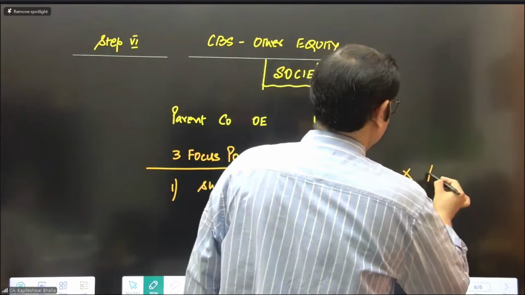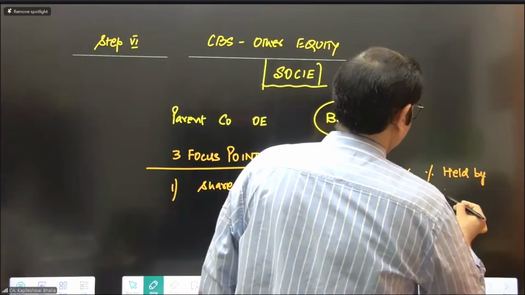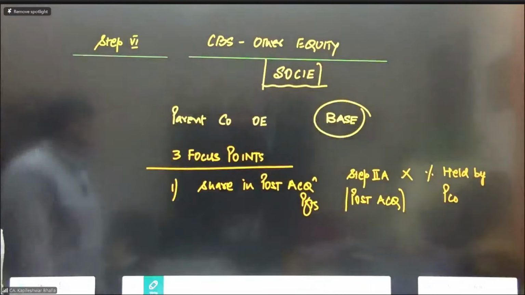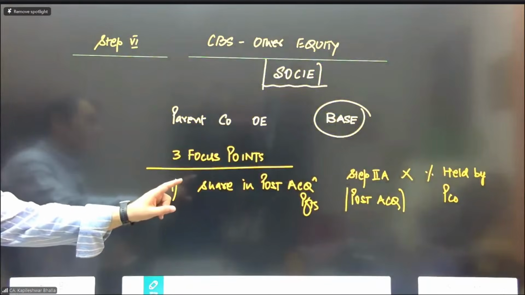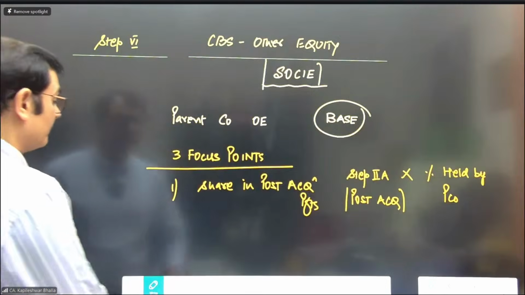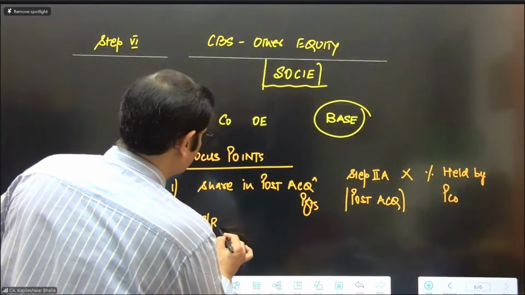And we will multiply this with the percentage which is held by the parent company. So step number 2A will give you the post-acquisition earnings, and we multiply this with the percentage held by the parent. The focus number 2 is the reduction of the stock reserve.